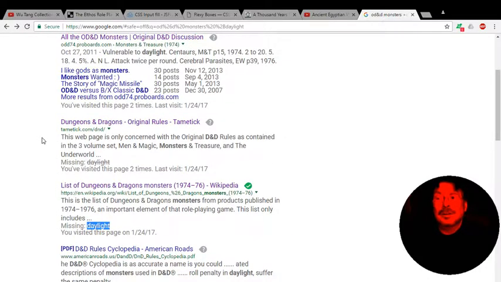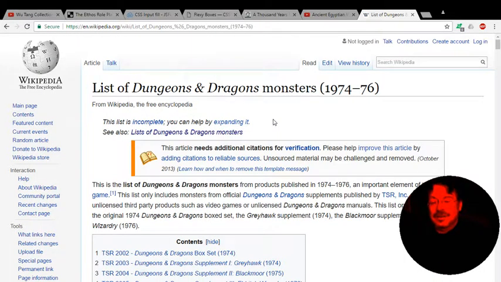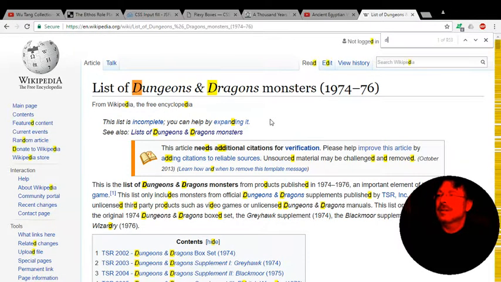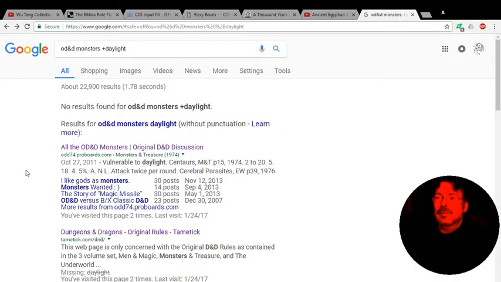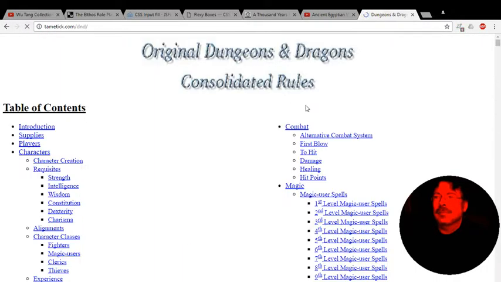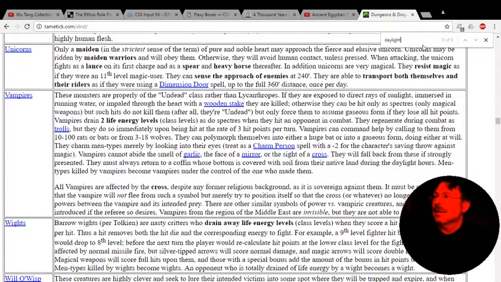Hello? Yeah, okay, but furthermore, let's go into this one. And just out of curiosity, although it says daylight doesn't exist in this one, and we look, and okay, but if we go to this one, and we look for daylight, why, it's actually, I believe daylight is in this list somewhere.